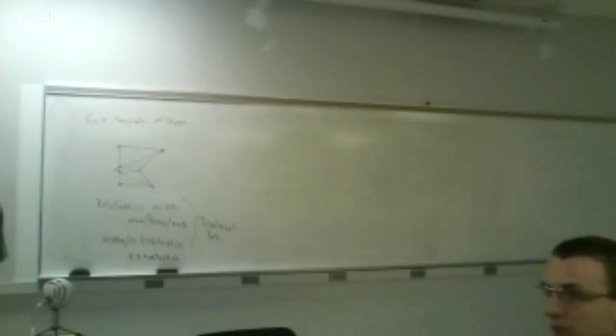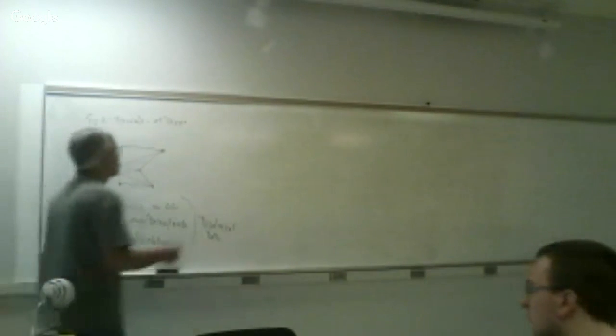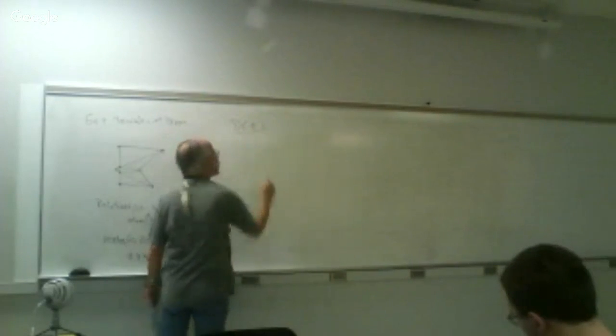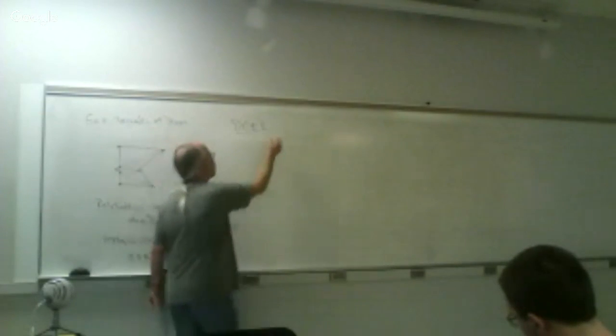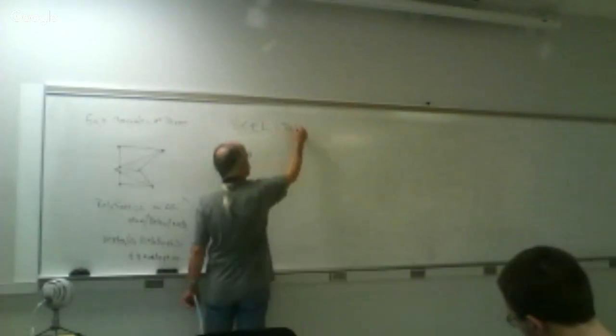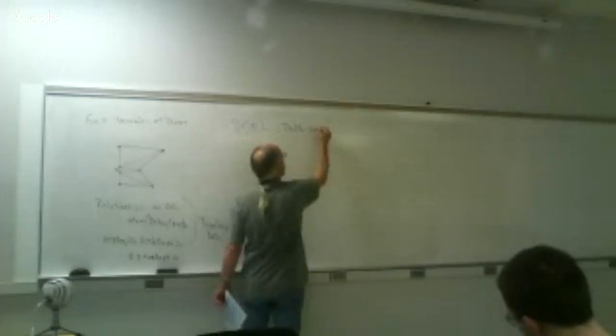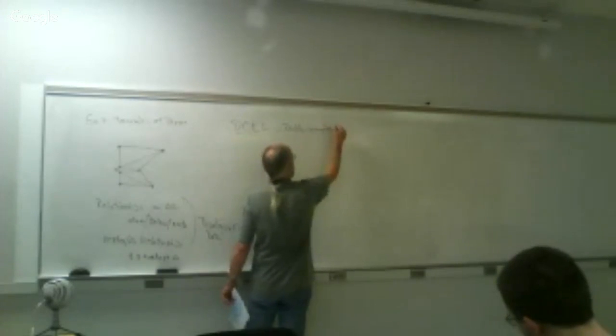And we're going to look at that today and a little bit tomorrow. It's called a doubly connected edge list. DCEL is way too long to write out frequently, but it means doubly connected edge list.